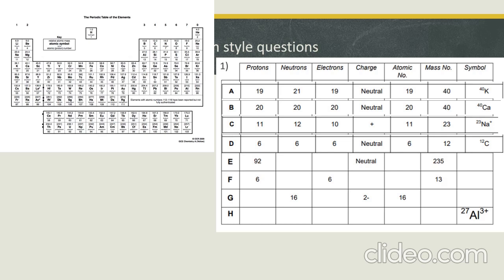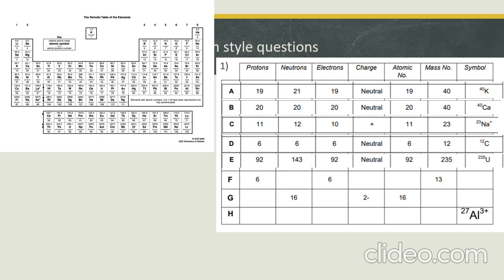So the number of protons equals the number of electrons: 92, 92. 235 is the mass number, so 235 minus 92 is 143 neutrons. Electrons is 92, and the atomic number is equal to the number of protons, so 92. If you go and look at the periodic table, 92, uranium, with 235 on top.